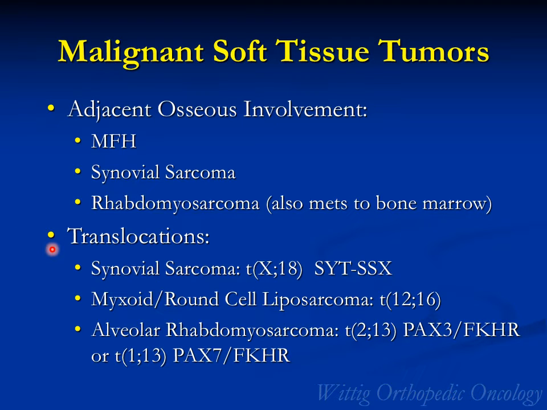These are your important translocations that you should know. Synovial sarcoma has a T(X;18), which results in a fusion protein SYT-SSX. Myxoid and round cell liposarcoma, which are your two types of liposarcomas, have a T(12;16) translocation. Okay, your different types of liposarcomas are well-differentiated liposarcoma, myxoid liposarcoma, round cell liposarcoma, and pleomorphic liposarcoma.